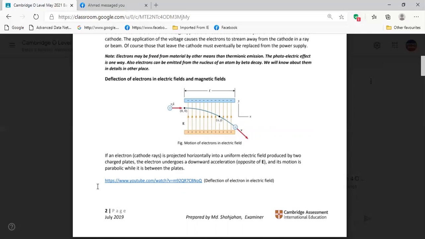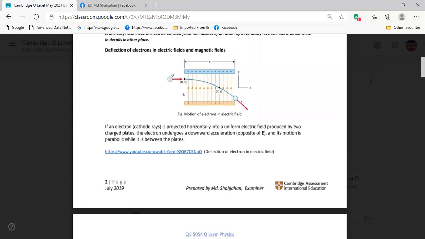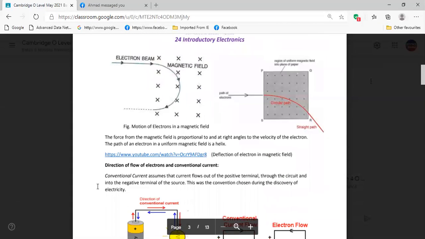That's why it will be attracted to positive terminal. That's it. It's very simple. You know it. And magnetic field also, you know, it's following the Fleming's left hand rule, right? Yes, sir.